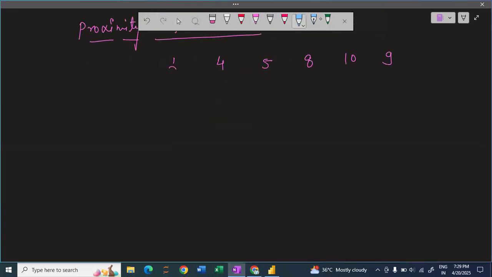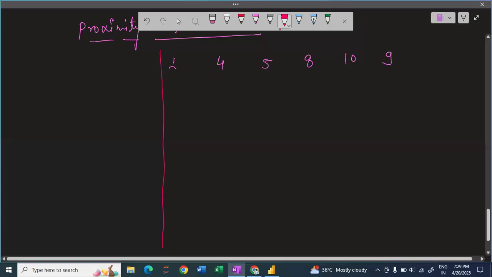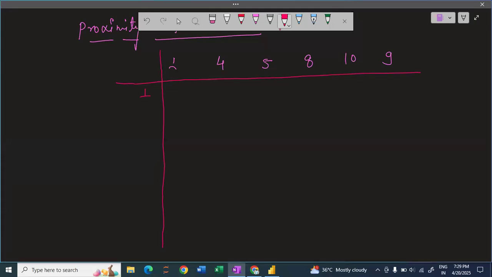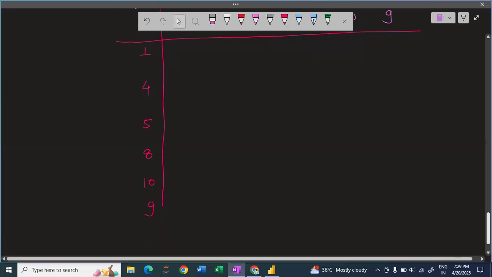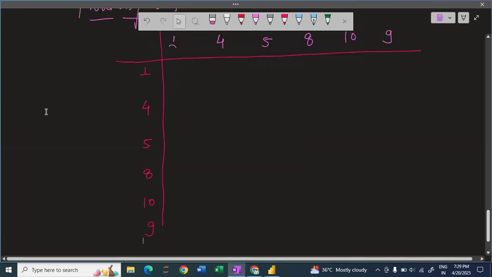Now, the same on the other line, I'm writing 1, then 4, then 5, then 8, then 10, and then 9. Okay.